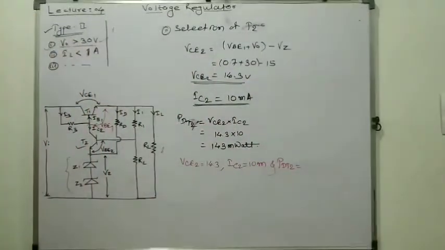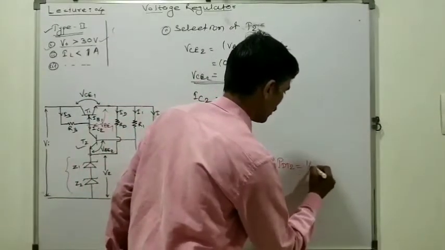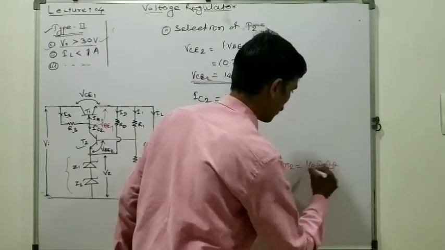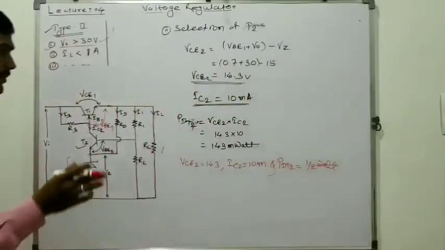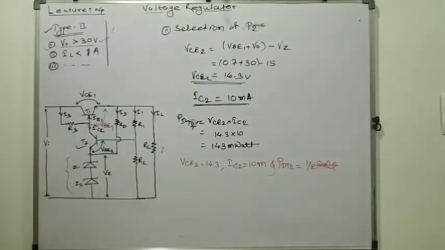We can select a value greater than this or double this value. We can select 1/2 watt or 1 watt. So this is the selection. Here we have to assume the beta value, that is HFE2, and for this transistor HFE is generally greater than 50.